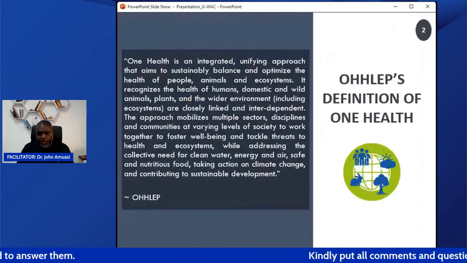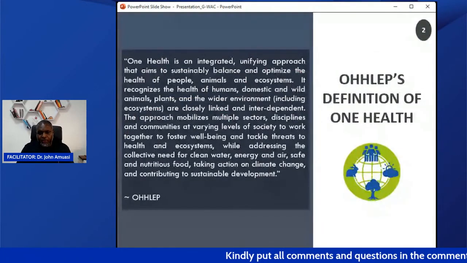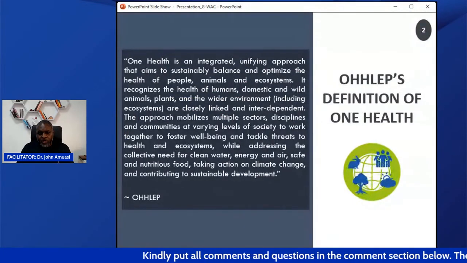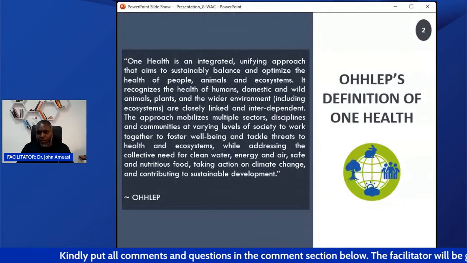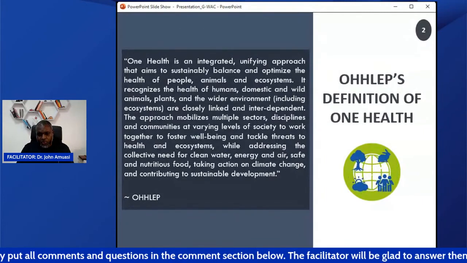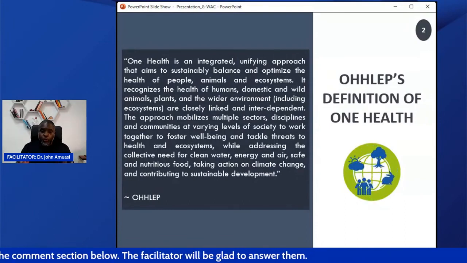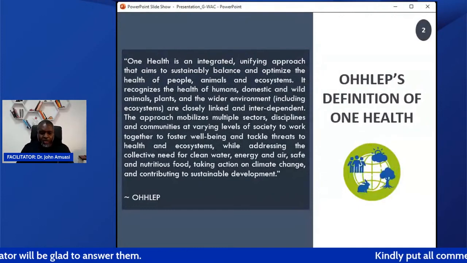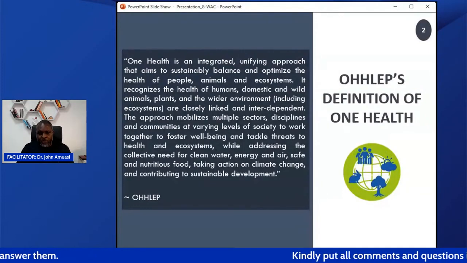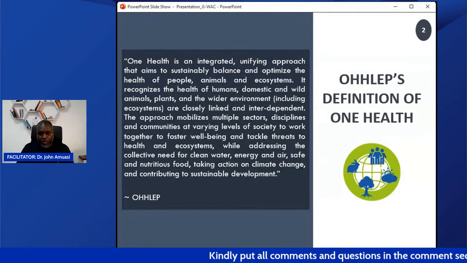Now, just so that we can keep things in perspective, I have once again invoked this definition of One Health, which I spoke of on Monday. And I repeat, this is the OHHLEP definition, the One Health High-Level Expert Panel definition, which is currently what I'll call the de facto definition of One Health.